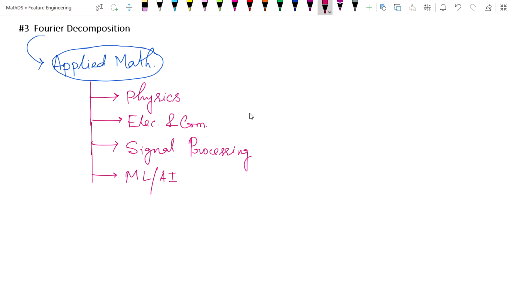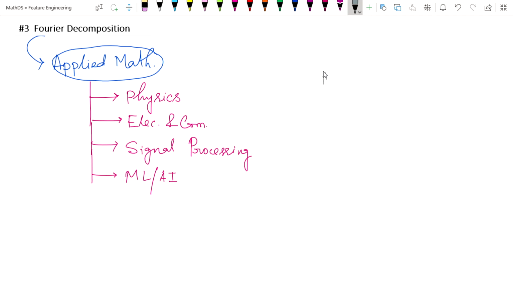Let's see its geometrical point of view through some examples. Before starting, we have to know some primary terminology: what is frequency, what is amplitude, and what is the phase of a Fourier decomposition.